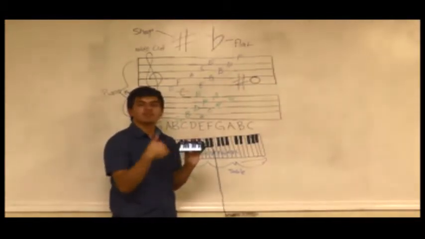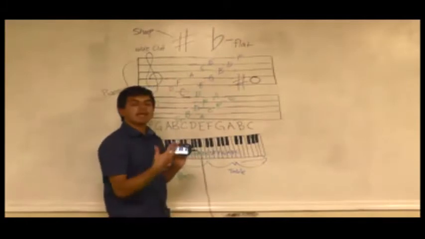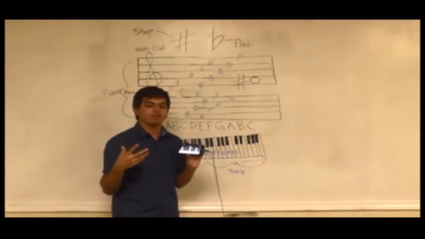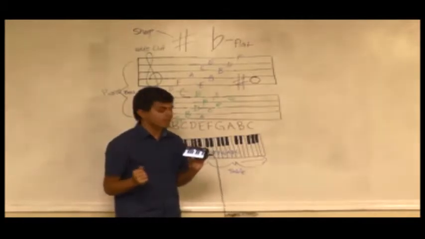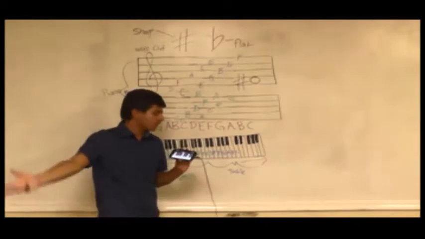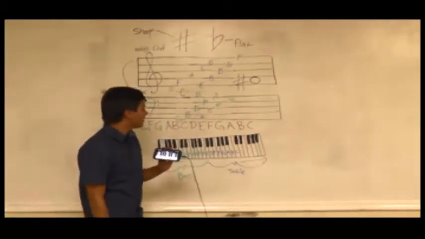It just keeps going like that forever and ever. That's how our Western system of music is set up, by half steps, right? We can keep on going forever and ever.